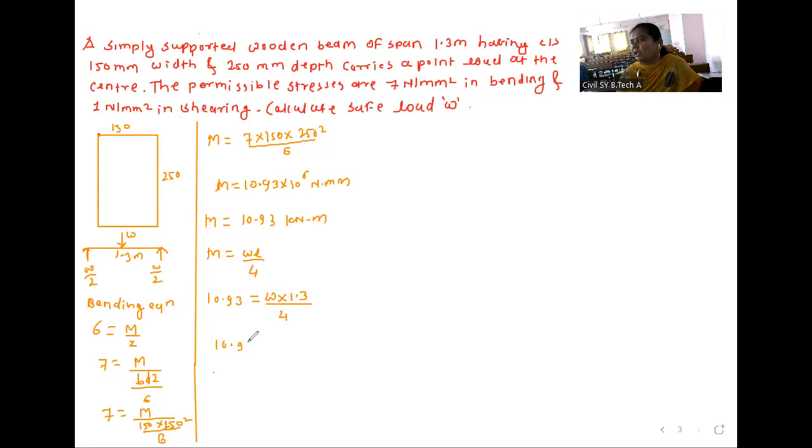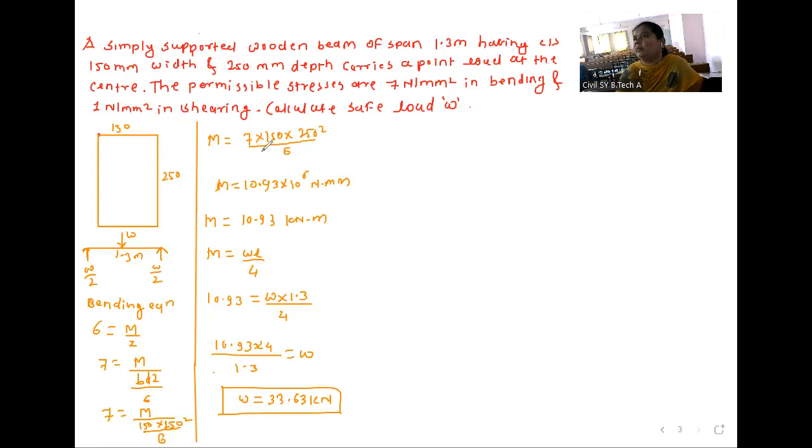So 10.93 into 4 divided by 1.3 is equal to W. So W is equal to how much? 33.63 kilonewton. So that is the load by the bending equation.